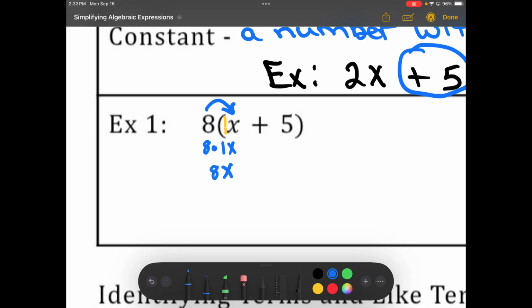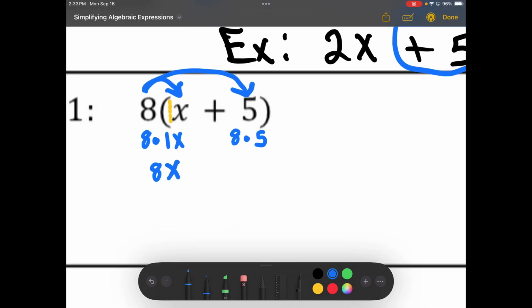Good. So now I'm going to go back and distribute to the second number inside my expression. 8 times 5. Now, both the 8 and the 5 are positive. So you have positive 8 times positive 5, which gives me positive 40.